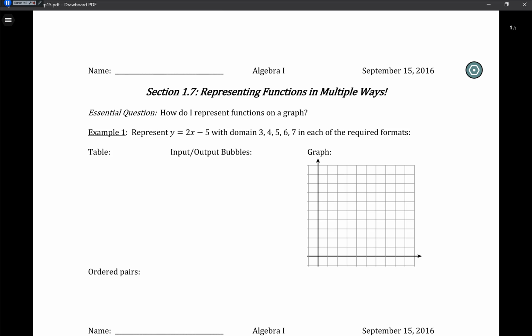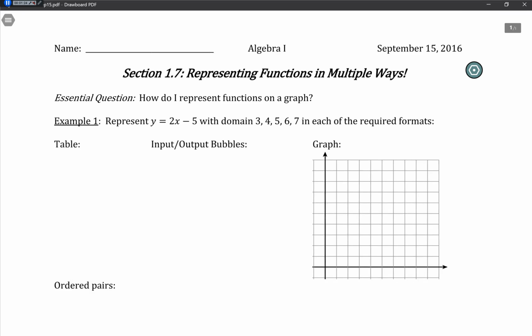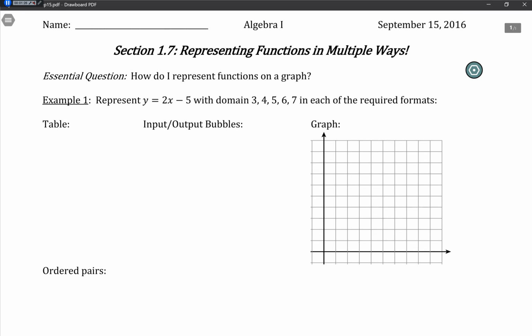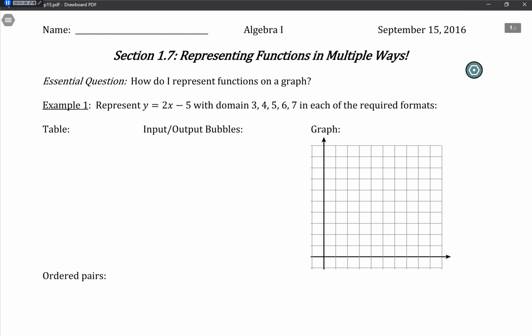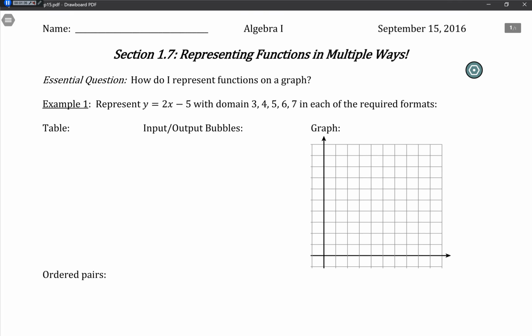We're starting out with some notes. So hopefully your lovely substitute passed out to you this awesome little half sheet notes paper. I just didn't want to make you have to draw a graph, and today's notes are extremely simplistic, so I just figured I would write out the notes for you.